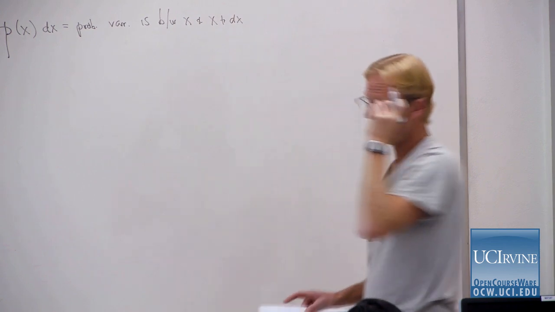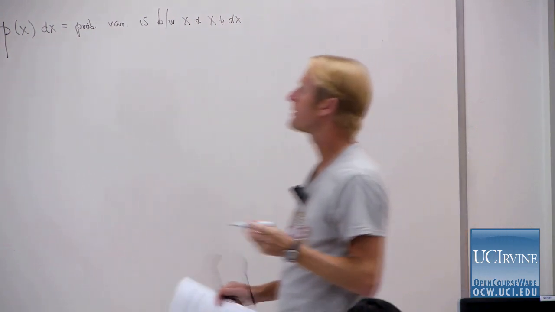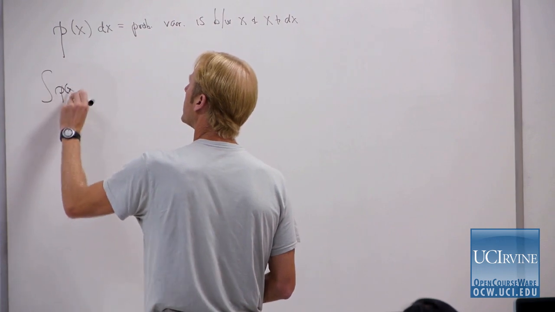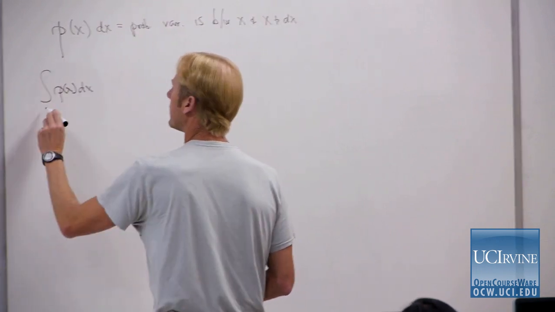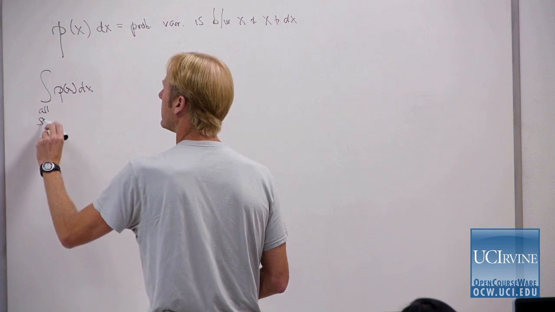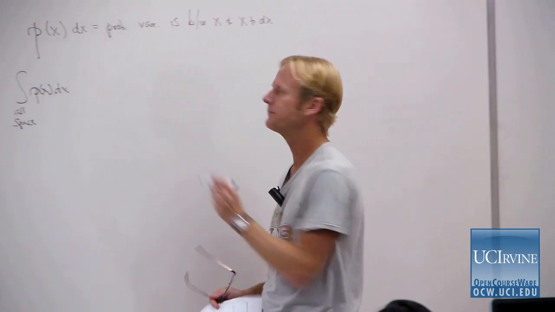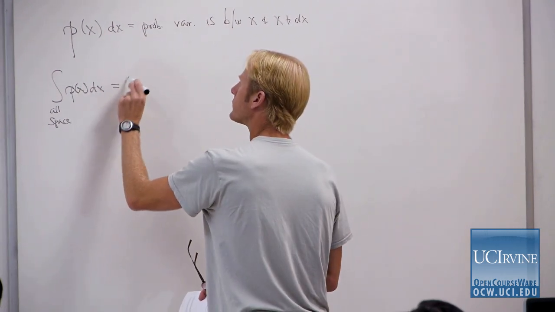Okay? And I'm going to assume that it's normalized, so that if I integrate, in other words, sum up all the probabilities over the whole range of the variable x, then I get 1.